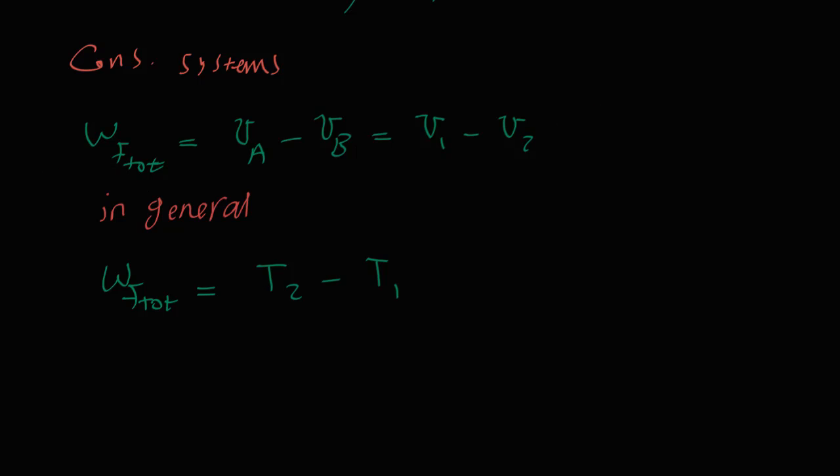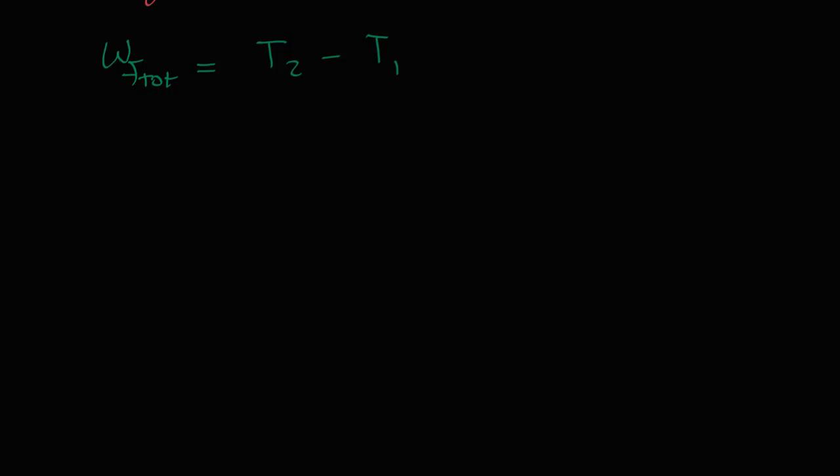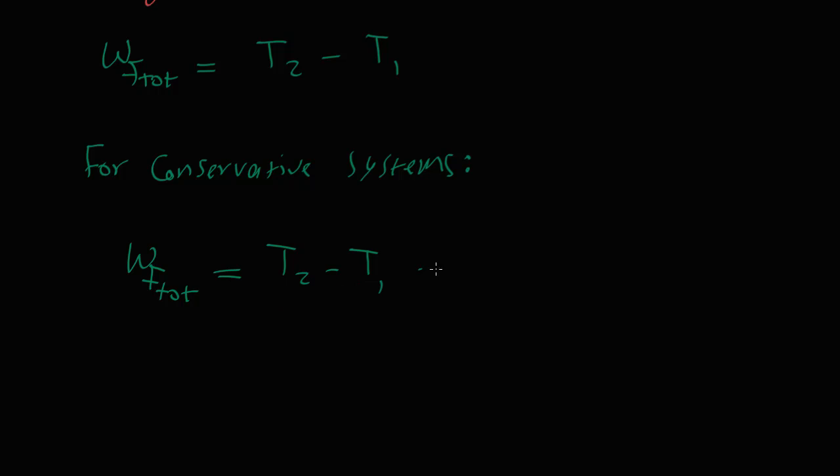So for conservative systems, we have W_F total is equal to T2 minus T1. This is true in general, and for a conservative system, this is also equal to U1 minus U2.